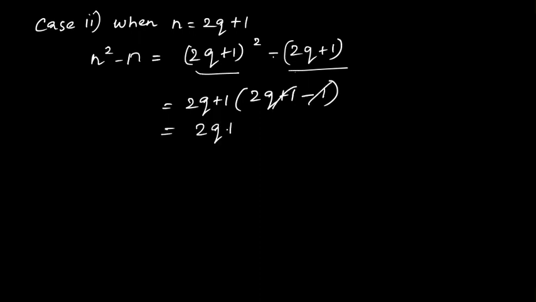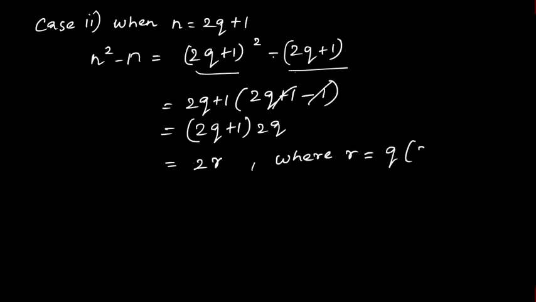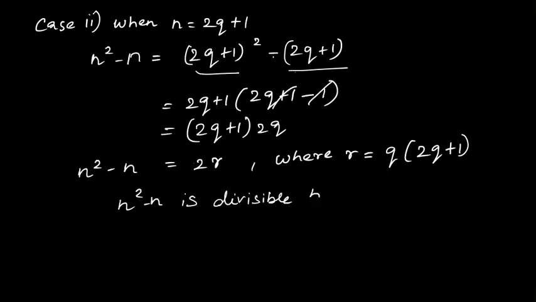So 2q plus 1 into 2q. So which is equal to 2r, where r is equal to q into 2q plus 1. So you got n square minus n value to be 2r. So 2r is nothing but it's a multiple of 2. So from this you can say that n square minus n is divisible by 2.